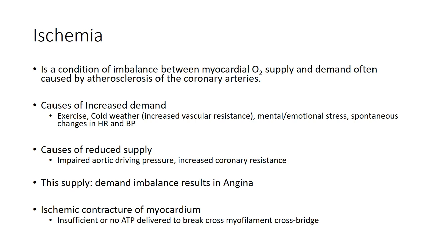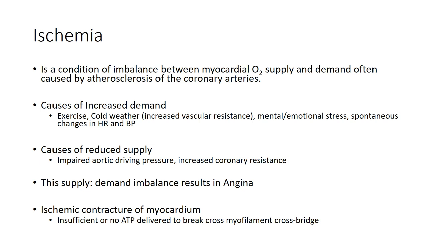Okay. Causes of reduced supply could be impaired aortic driving pressure, impaired ventricular function, or increased coronary resistance for a number of reasons. The supply-demand imbalance then results in angina due to ischemia, okay?